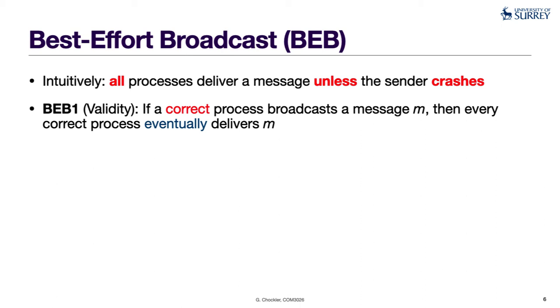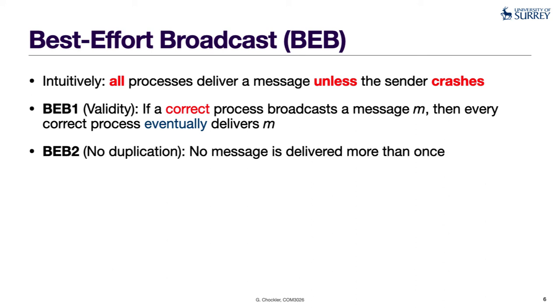The next two properties are just simple properties that you would normally expect from any reliable communication service. The next one is called no duplication, and we have already discussed no duplication in other contexts in this class. It says that no message is delivered more than once by the same process.